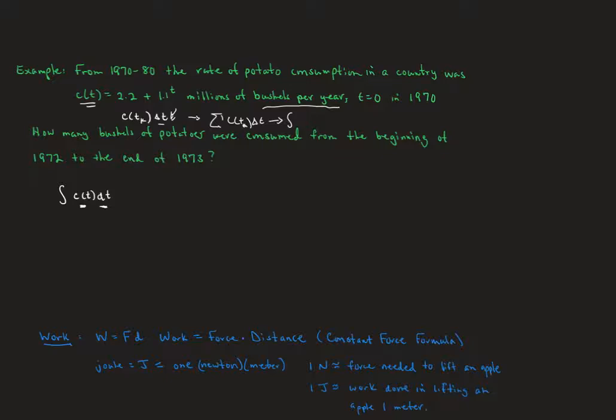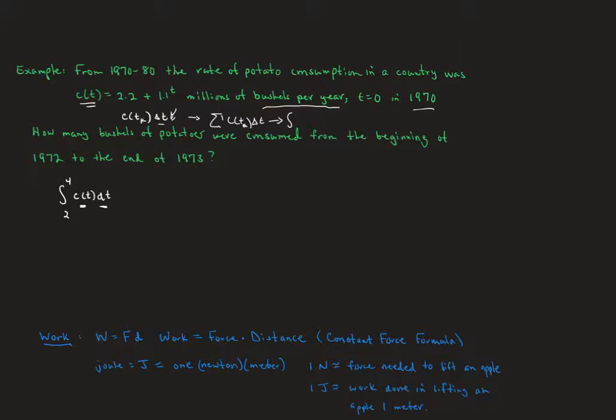Now to think of our limits here, if we're going from the beginning of 1972 to the end of 1973, and time 0 is in 1970, then the beginning of 1972 is going to be 2, and the end of 1973 is actually going to be 4.